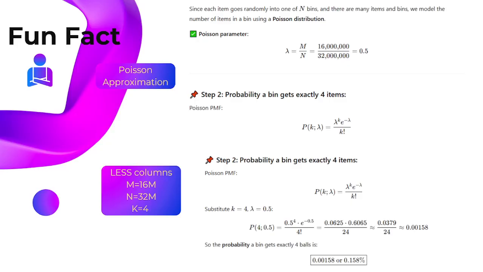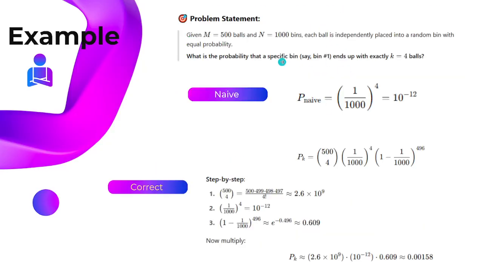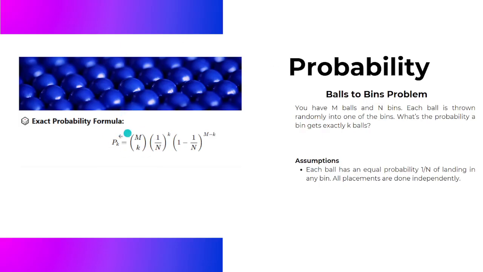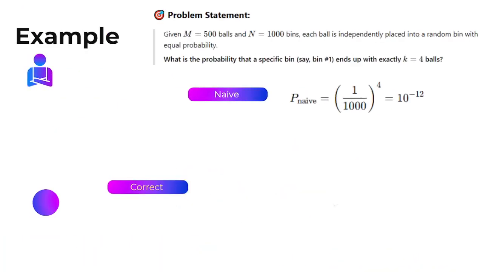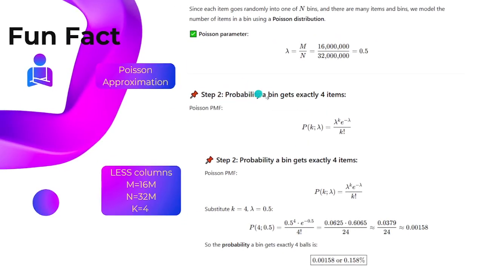Now let's firm this up. If we were a hash designer, this formula looks pretty ominous, pretty complicated. But if we do some simplifications, this formula becomes something known as a Poisson distribution formula.